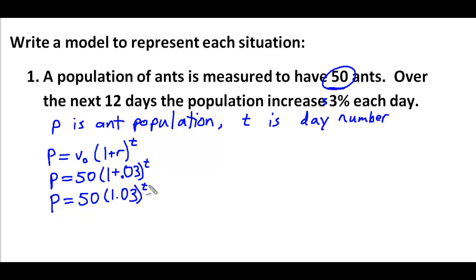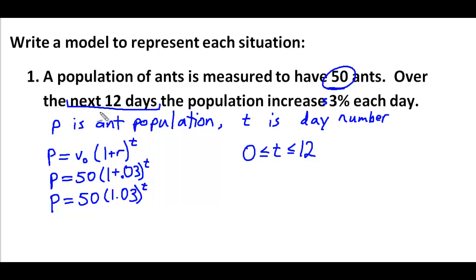And you might ask, well, what's up with that 12? Well, the 12 simply just says, hey, this equation really is only valid for t up to 12. It doesn't make sense if we do a t of 30 or 40 or 50. And sometimes when you're looking at problems, it's going to give you that information that says how long this model is valid. So we'd say t is a day number. We could say that 0 is less than or equal to t, which is less than or equal to 12, is our domain.